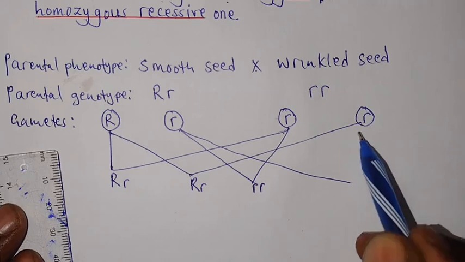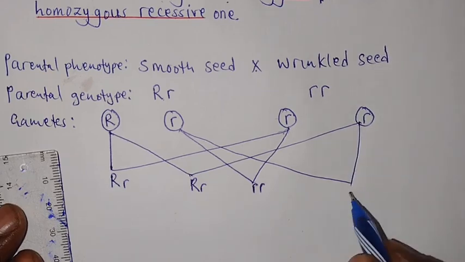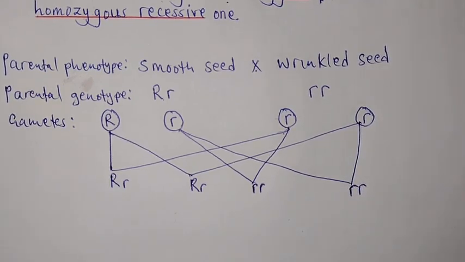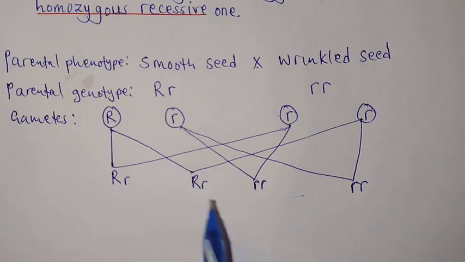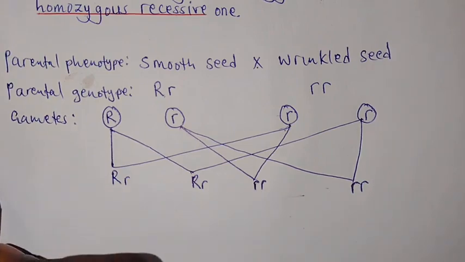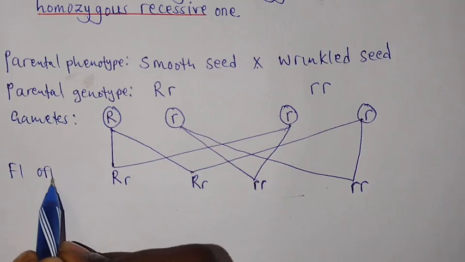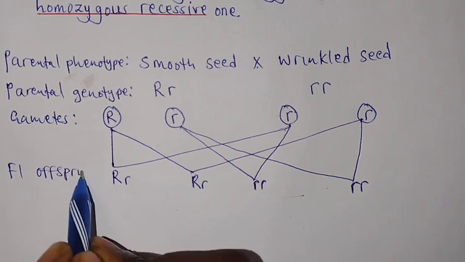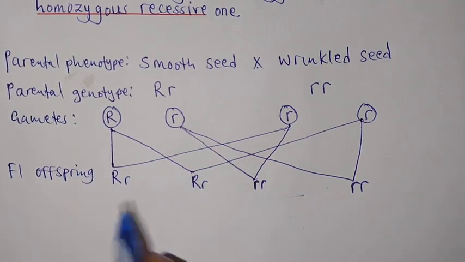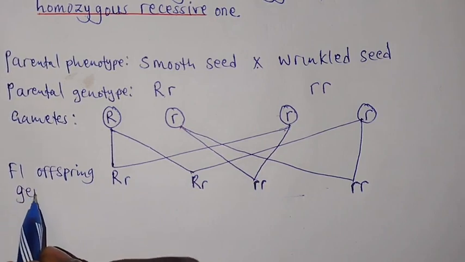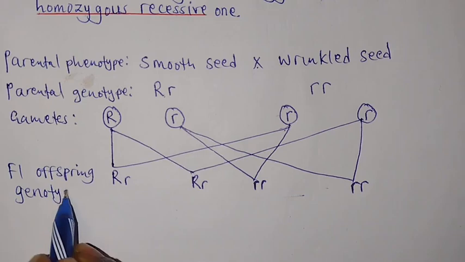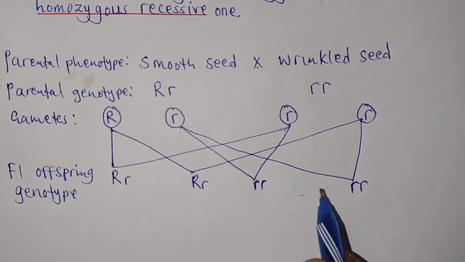Again, this one you can cross with this one, and you are going to have rr. What you have gotten is the genotype of the offspring, the children. So here we are going to have another part where I will say F1 offspring genotype. This is what you have gotten.